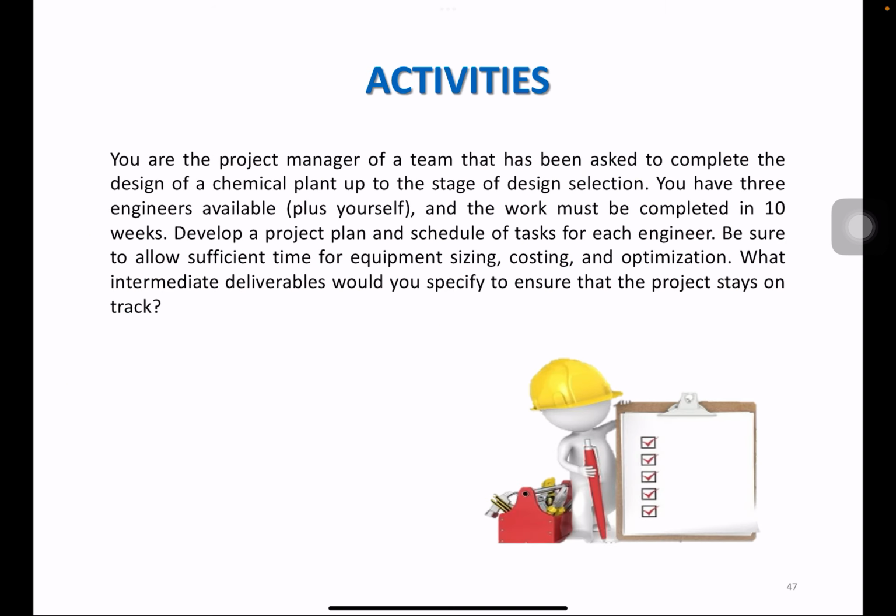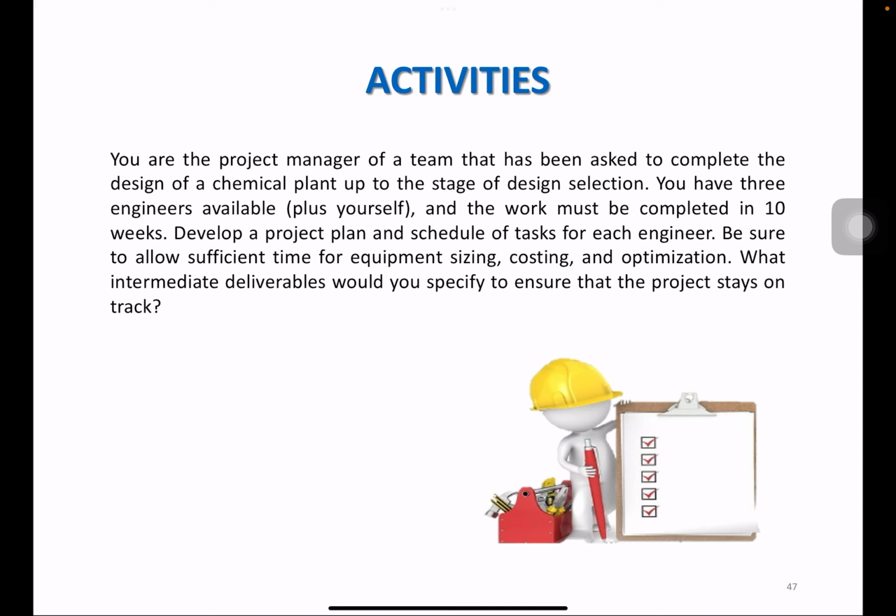For the activity, you can form a group of two or three and then do this activity, and we shall discuss this during our tutorial class. The activity says you are the project manager of a team that has been asked to complete the design of a chemical plant up to the stage of design selection.